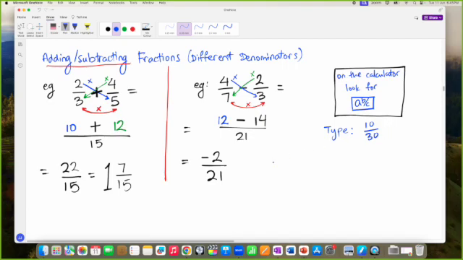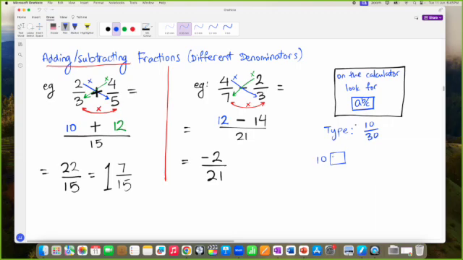It could be a messy thing like this, and you want to see if it could reduce, and you don't want to bust your brain, right? So what you'll do is you'll put 10, the numerator, you press the button.